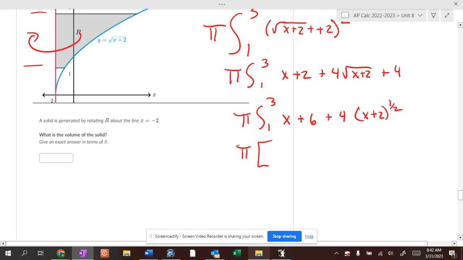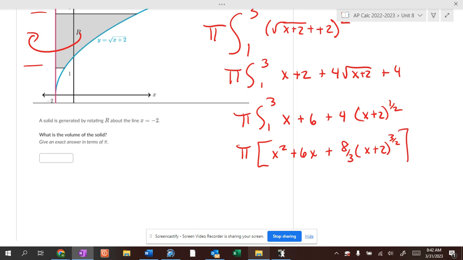So then it's x squared plus 6x plus the integral of that, which is x plus 2 to the 3/2, divided by 2/3. So it's 2/3 of 4, which is 8/3. From 1 to 3.